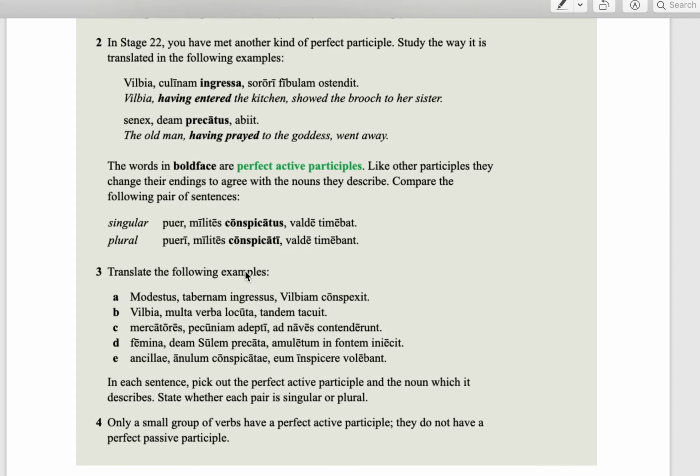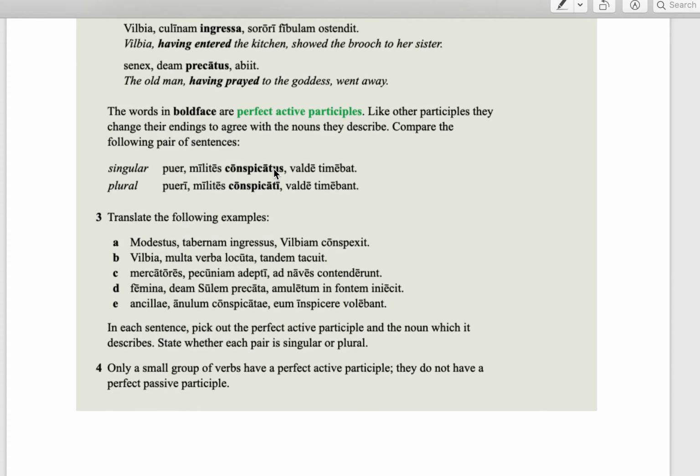Just like the other participles, they're adjectives, so their ending changes depending on who or what you're talking about. So the boys having caught sight of the soldiers, pueri conspicati, doesn't change the translation, but the ending has to match because we have learned how nouns, pueri, and adjectives, conspicati, participles, have to agree.